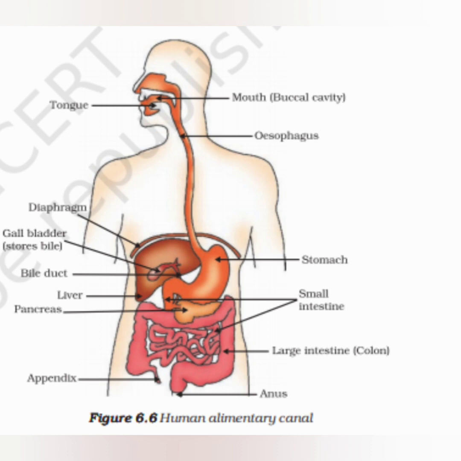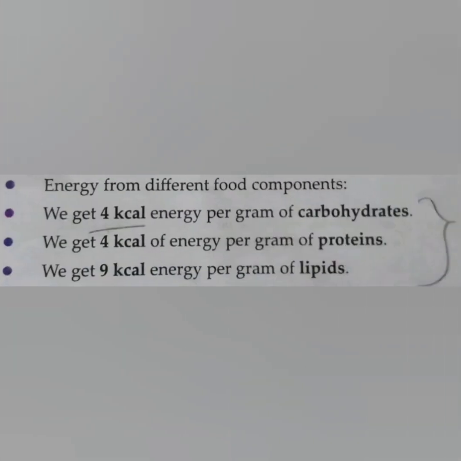Absorption of water, some minerals and drugs takes place in the large intestine. By this way, after digestion, nutrients in your food are absorbed into blood cells and the circulatory system passes them to other parts of your body. So how much energy do we get from different food components after the process of digestion?